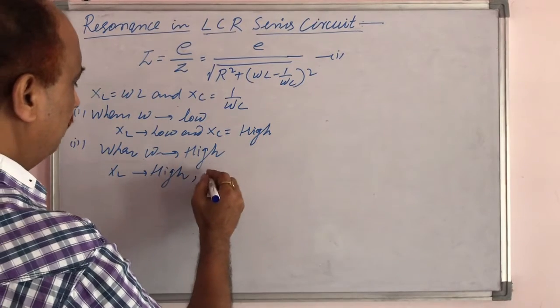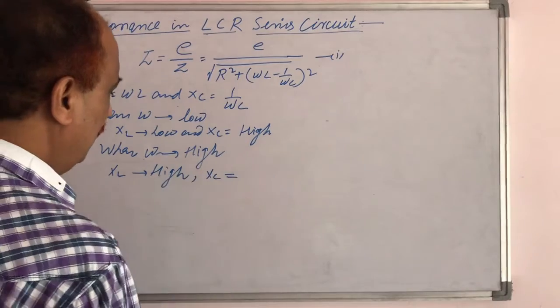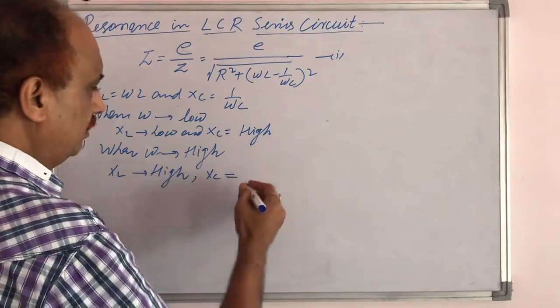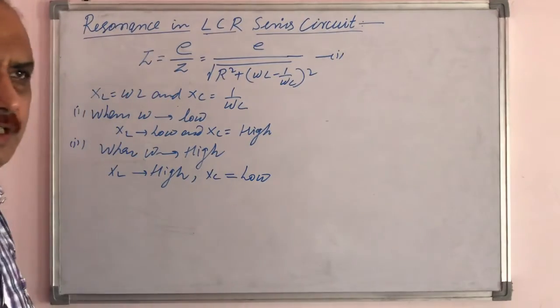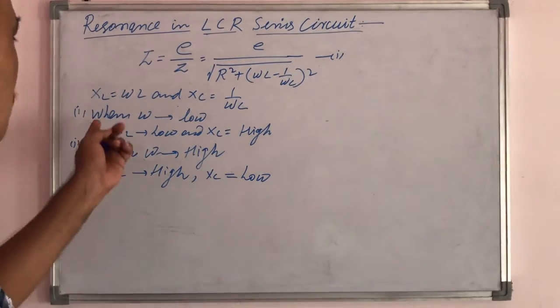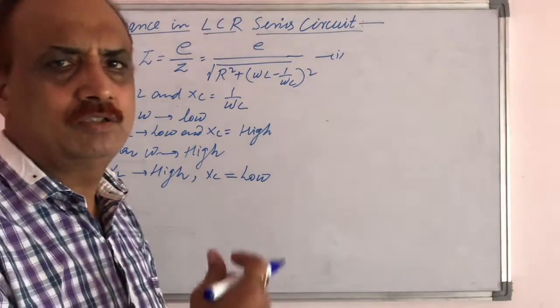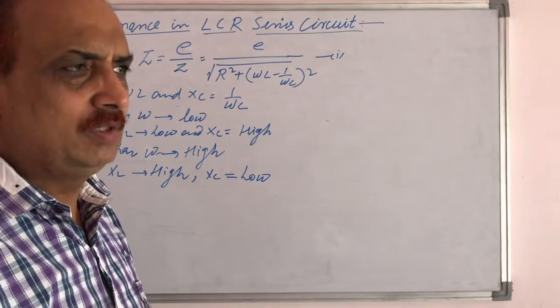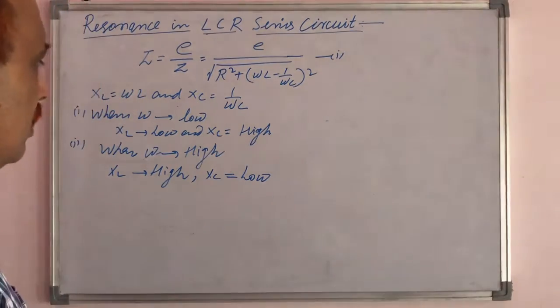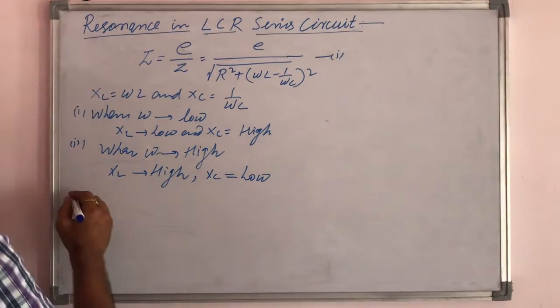Similarly, XC will be decreased because of the inverse relation. So between XL and XC, if one is increased, then the other will be decreased.